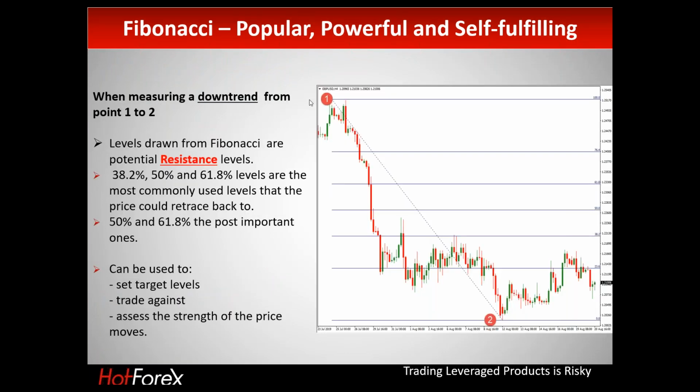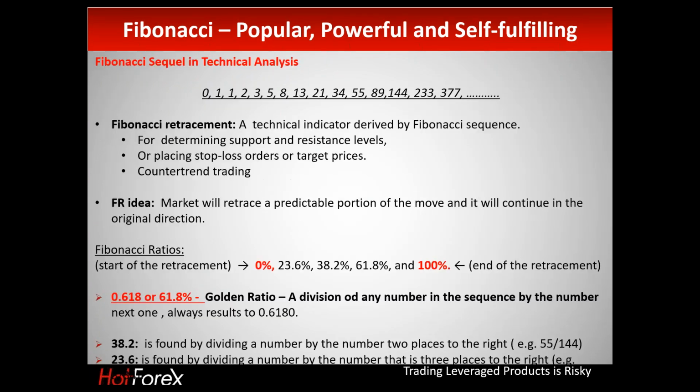So we take two extremes, we connect them, and we divide this distance based on the key Fibonacci ratios. 0 is the start of the retracement, 100 is the complete reversal to the original part of the move, and in between we have the golden ratios, which are 23.6%, 38.2%, 61.8%.